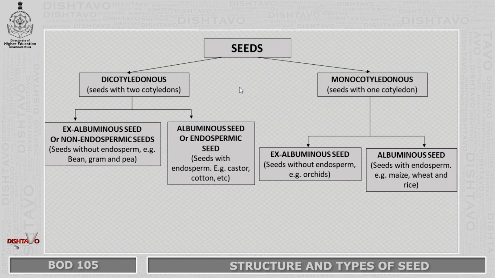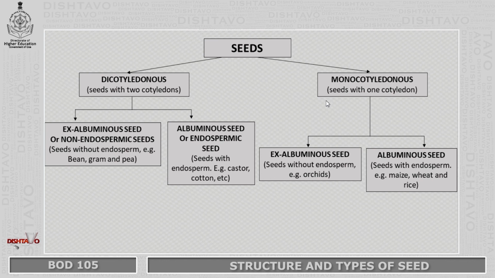As we have already seen, the seeds are of two types, dicotyledonous seeds which have two cotyledons, and monocotyledons, that is seeds which have one cotyledon. The dicotyledonous seeds can be classified as exalbuminous or non-endospermic seeds, and albuminous seeds or endospermic dicotyledonous seeds.